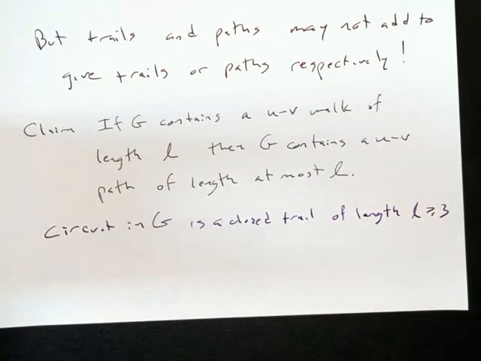By definition, a closed trail of length 2 would have to go back and forth across the same edge, wouldn't it? Which means you can't have a trail of length 2 that's closed. So your trail has to be at length at least 3, be closed to make a circuit.